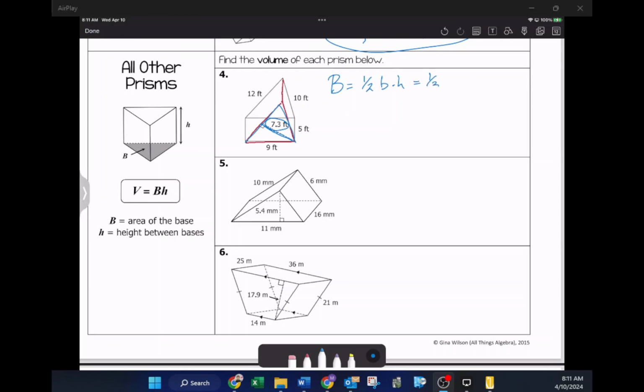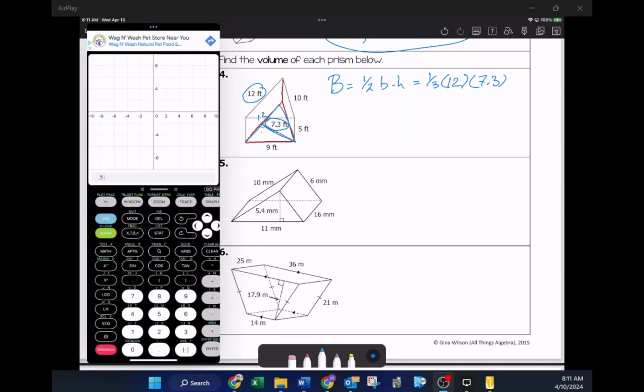The base would be the 12 because these are identical sides here. So 0.5 times 12 times 7.3 is 43.8 feet squared.